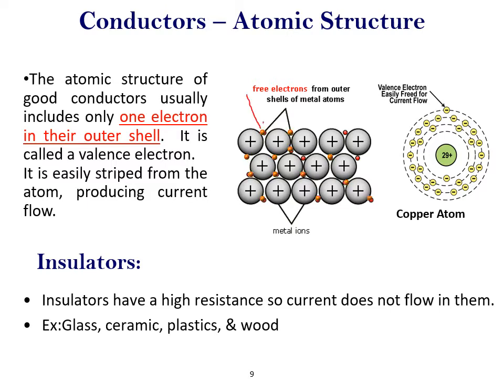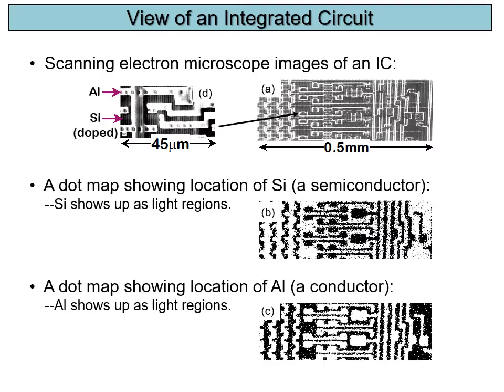Free electrons from the outer shells of metal atoms can easily be stripped from the atom and produce the current flow. So the valence electron is easily freed to form the current flow. This is an example for a copper atom. Insulators have a high resistance, so current does not flow in them, for example, glass, ceramic, plastic, and woods.